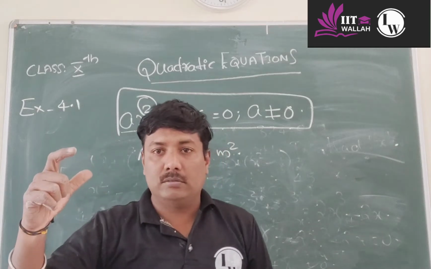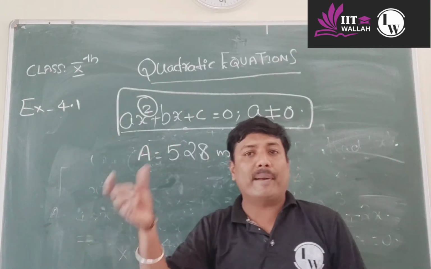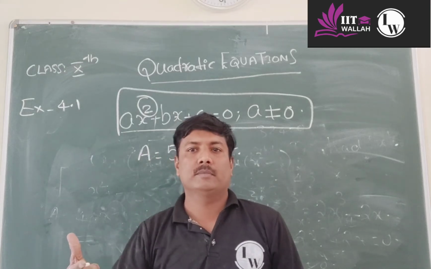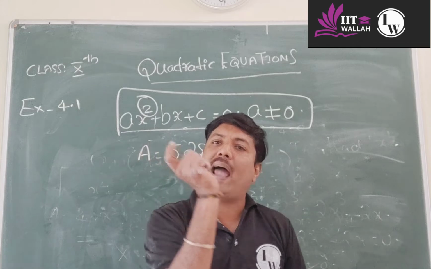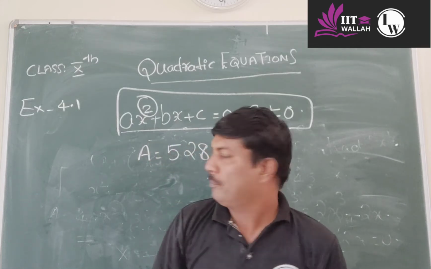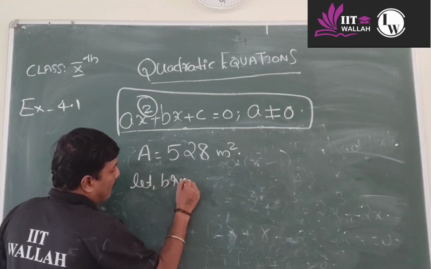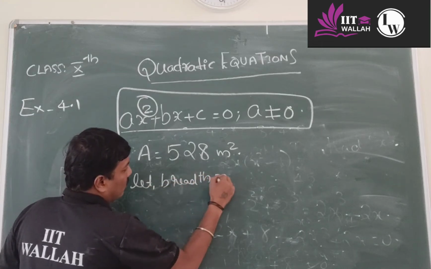Length is more than the breadth. So breadth is the small thing here. So mostly it is always like that. The small thing we will substitute with x. Okay? So let breadth be equal to x.